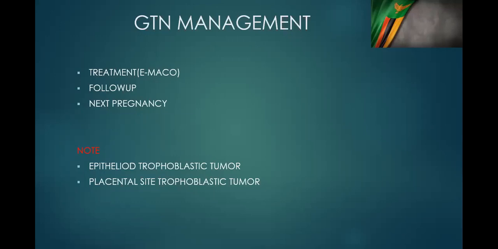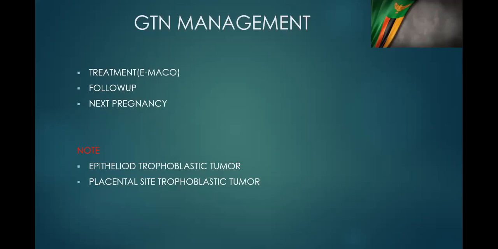For contraception, you can use the combined oral contraceptive pill, but patients can fail to comply. So you can use the injectable ones, Depo-Provera, norethisterone. Those are better because compliance is assured.